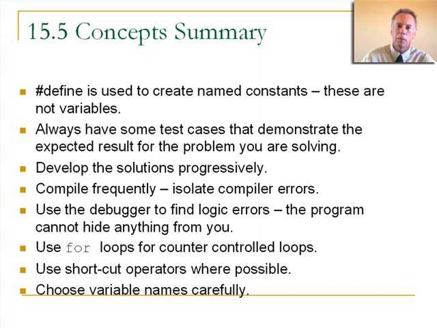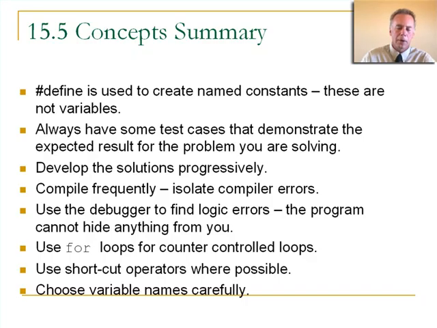It's used by the C precompiler to substitute in before the compiling, and it's used to help you make your code more maintainable. So if the price of an ice cream sundae changes, then you only have to change that in one place, not throughout the whole code wherever you used it.